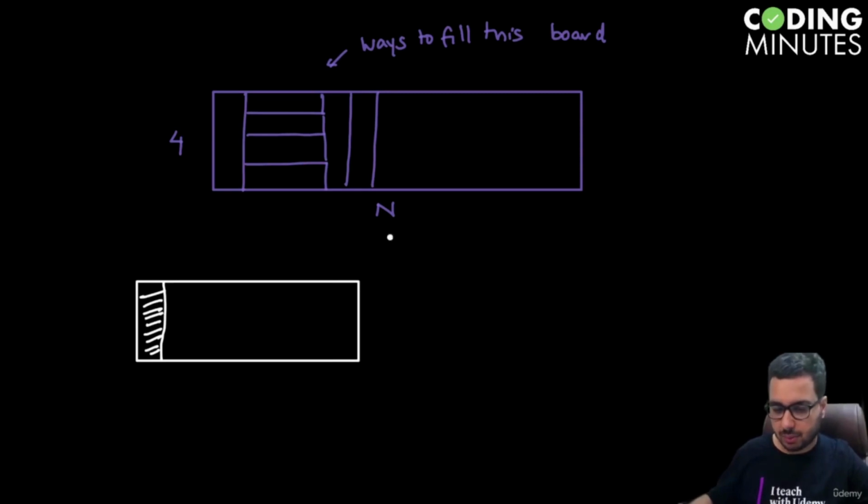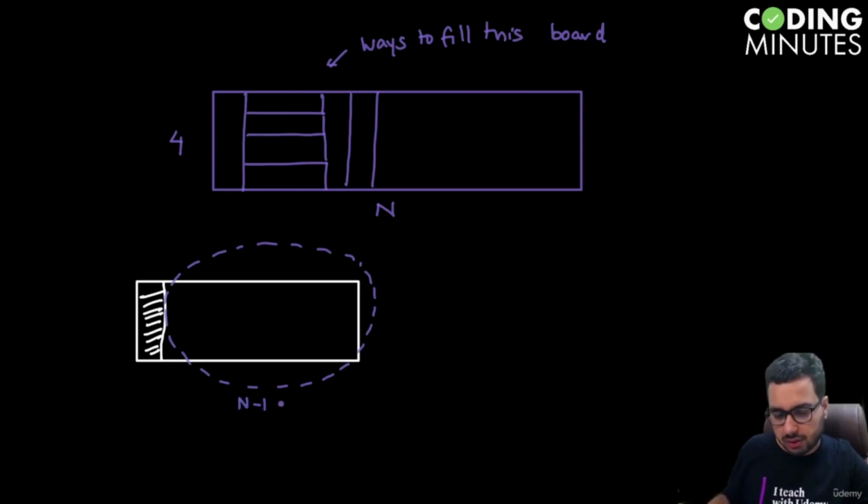We are left with a subproblem: the number of ways to fill the remaining board. This subproblem is of size n minus 1, because we have already put one tile in this orientation.